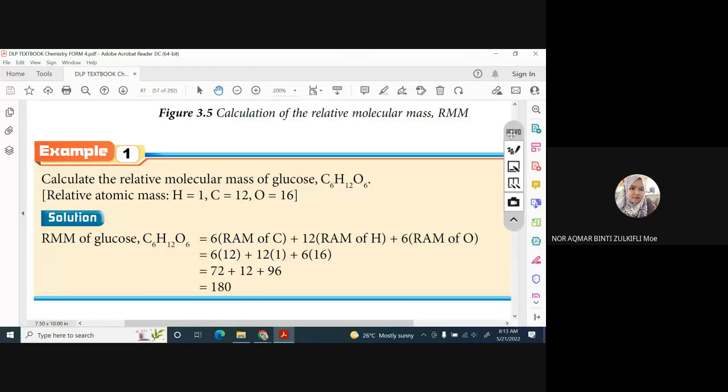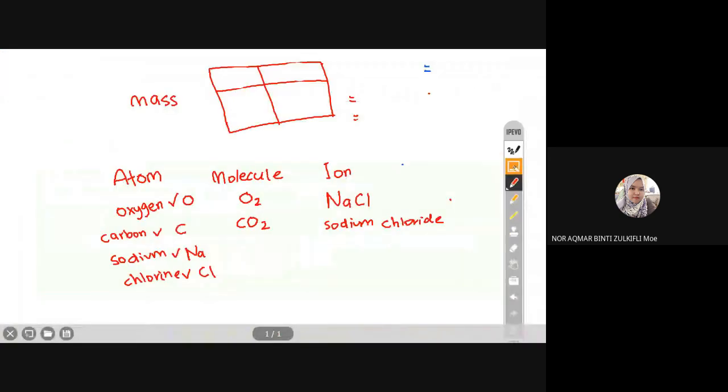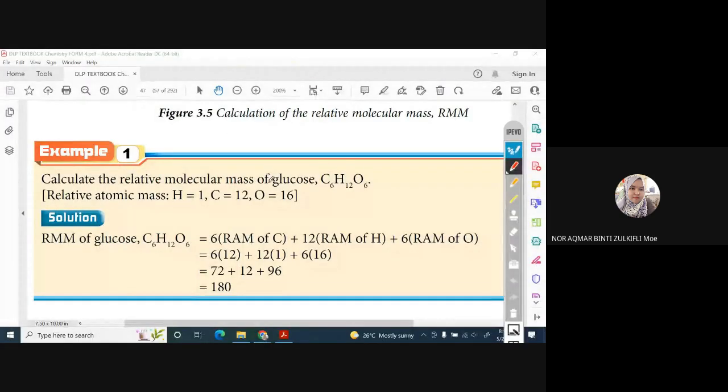Example number 1. Calculate the relative molecular mass of glucose. Now we have C6H12O6. You can see the small numbers here; they give the number of atoms.